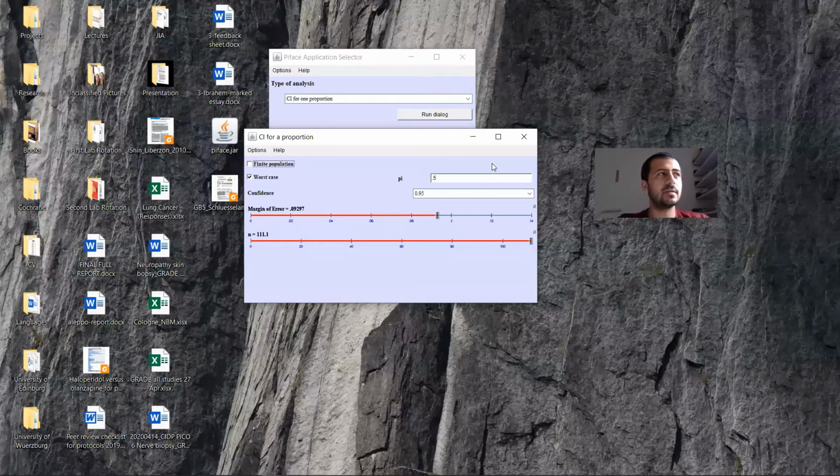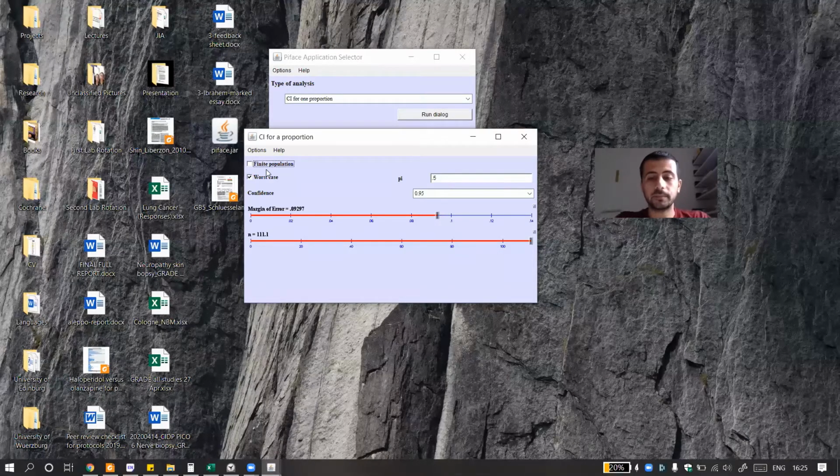I don't know anything about the number of MS cases in the world, and I want a confidence interval that is representative of the whole world, so I think it is an infinite population. So I will choose that.